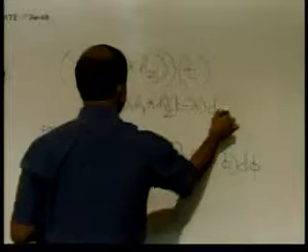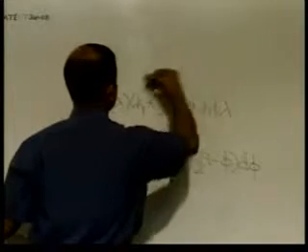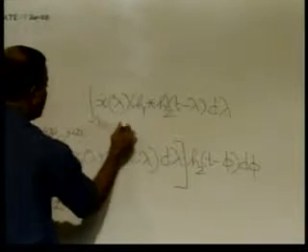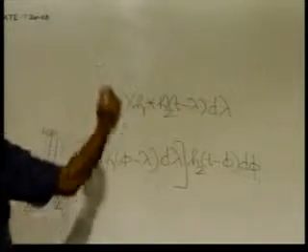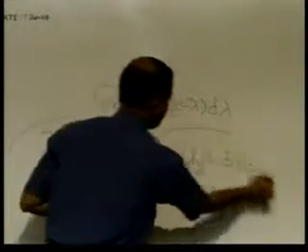This is the expression that we are looking for. And of course, here lambda runs from minus infinity to plus infinity. So this is one part of the expression and this is the other. We want to compare these.